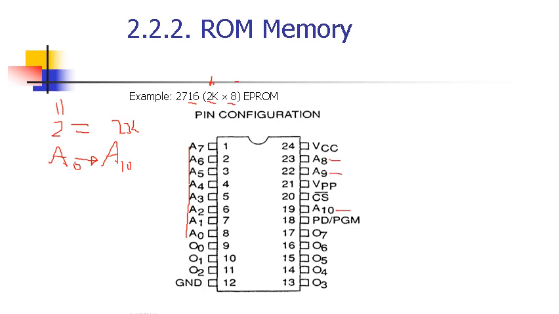And we have a byte inside each memory location, so the chip should provide us with 8 output pins, O0, O1, O2, and 3, 4, up to 7. So these are the 8 output pins. So this is the pin configuration of this 2716 ROM chip.